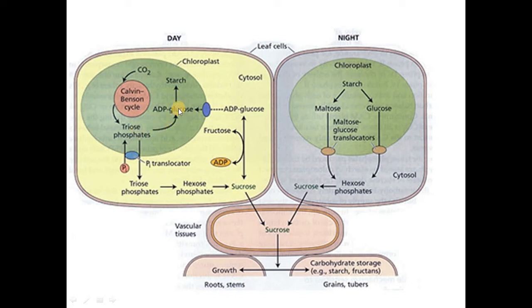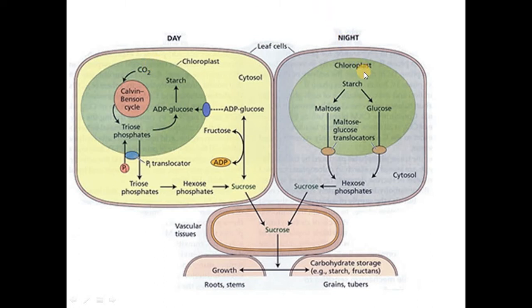So they will be either converted into starch for storage, or they will be exported out of the chloroplast and then assembled into hexose sugars, mostly in the form of sucrose. So sucrose is a form of sugar that can be exported out from the cells that have chloroplasts and can photosynthesize onto other types of cells. So that is what is happening during the day.